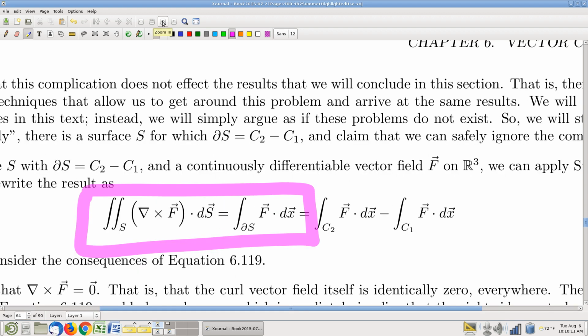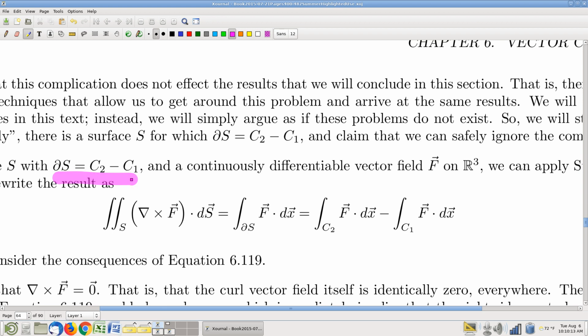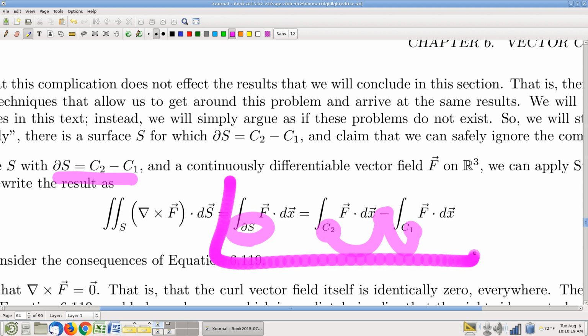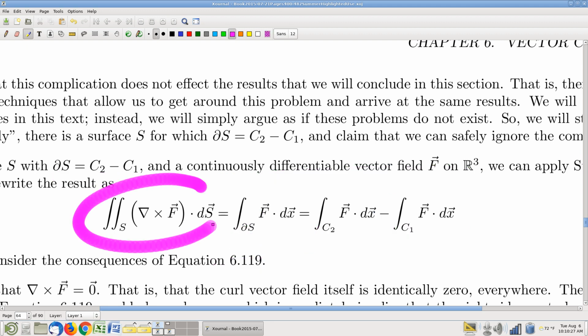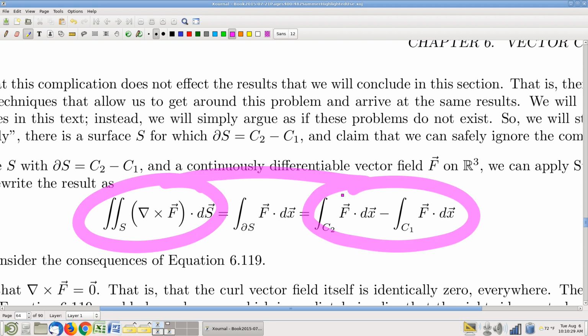And then I will remind you, the boundary of S is C2 minus C1. So all I'm doing here is just rewriting that boundary line integral as C2 minus C1. And now we're going to look at this equation, and we're going to make some smart alecky observations that are kind of cool. So here we go.